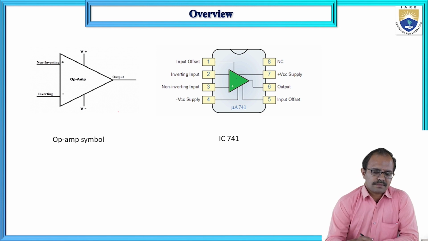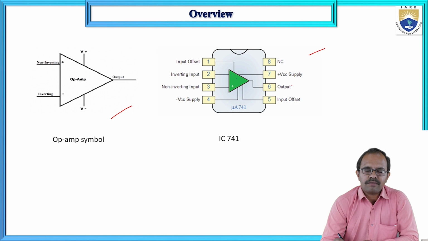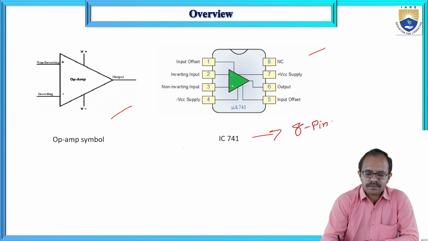We know the symbol. This is the symbol for operational amplifier, and this is the most important pin diagram or pin configuration of operational amplifier, where you can see 8 pins. IC741 has 8 pins. This is an 8 pin IC.